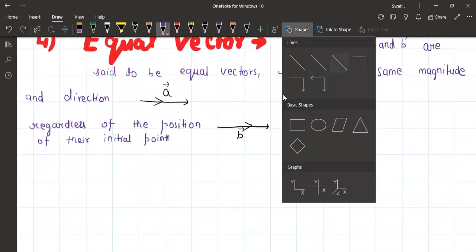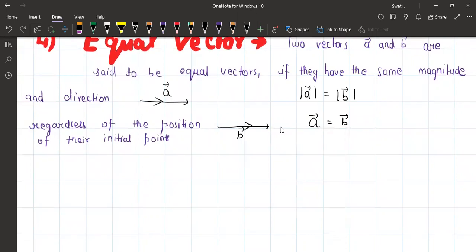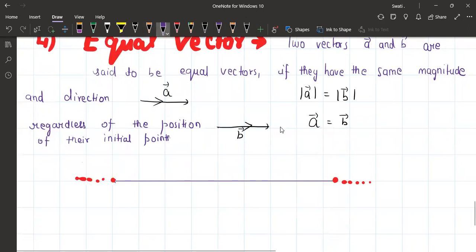If I'm drawing these two vectors, imagine this line is going here and this line is going here, and we have points A, B, C, and D. Suppose the direction of vector AB is towards this and the direction of vector CD is towards this, and the magnitude of AB is 2 meters and the magnitude of CD is 2 meters also.